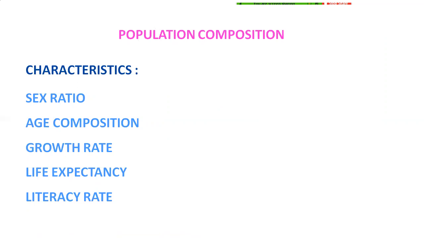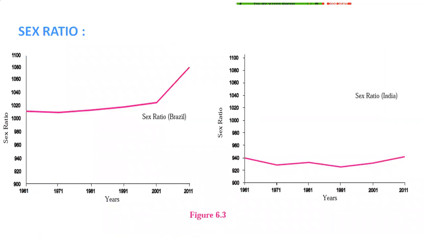We shall first compare the sex ratio of Brazil and India. Now, what is sex ratio? It is the number of females per 1,000 males. Kindly look at page 40 of your textbook.